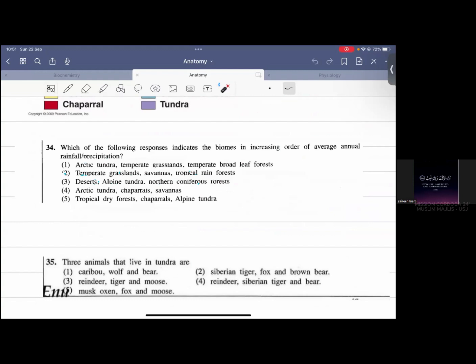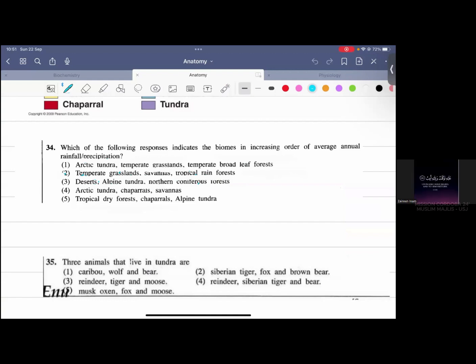So let's go one by one. What is the average annual rainfall of Arctic Tundra? Around 200 to 600 millimeter. 200 to 600, very good.